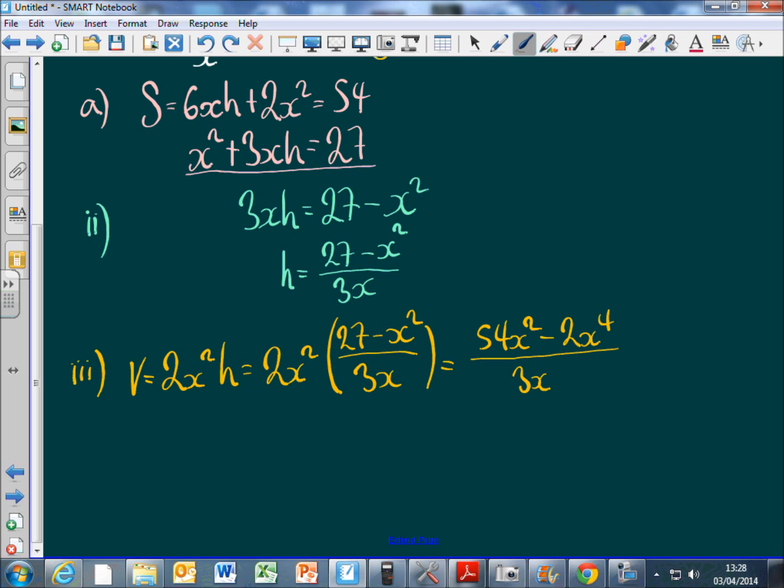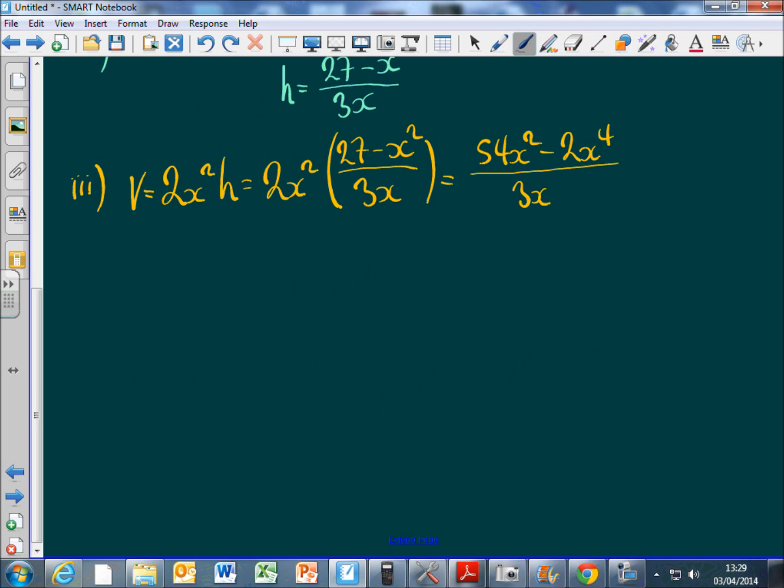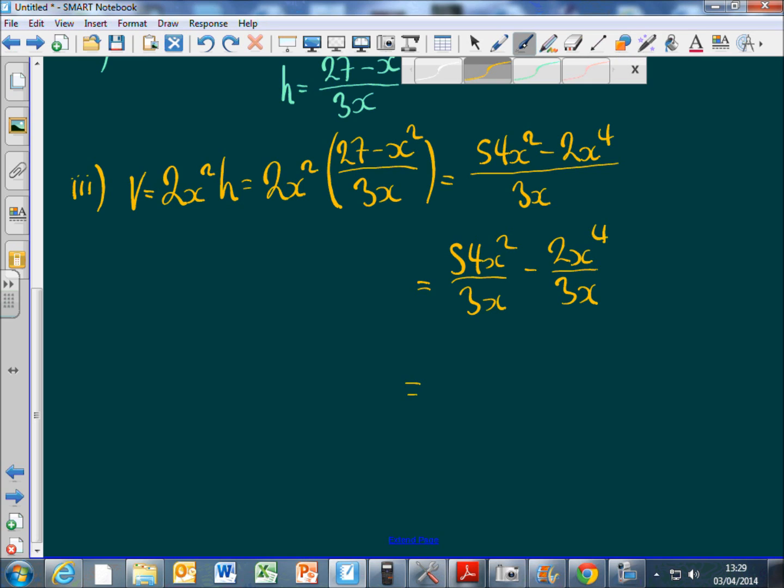Now we just need to tidy it up a little bit. What might be a good idea is to write this as 2 separate fractions. 54x squared over 3x, take away 2x to the 4 over 3x. And you should see that I can start cancelling things down.